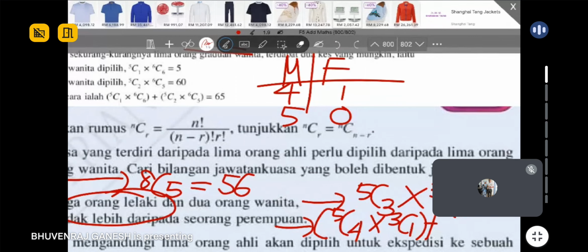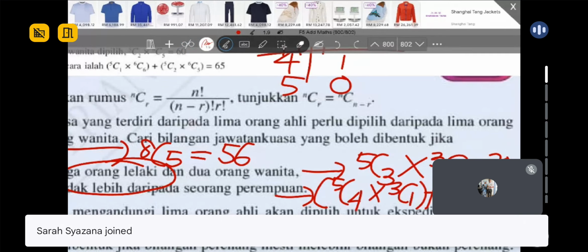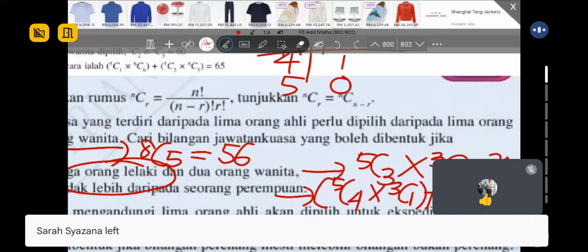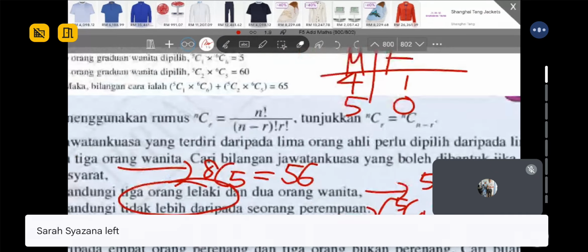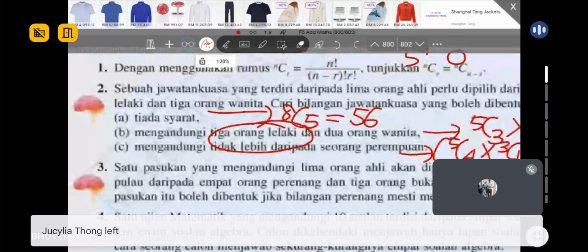Okay, first case. Second case, kamu boleh ada 5 male choose 5 and 3 female choose 0. Okay, clear guys? So this is your 2 cases. 2 case yang kamu ada. So total you should get 16 for part C. Okay, clear guys? For question 2, boleh buat?